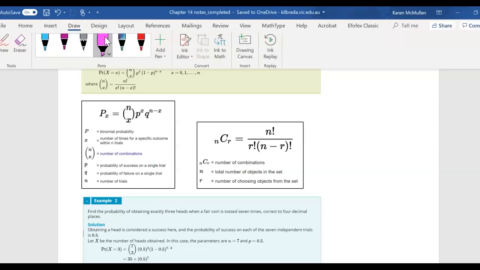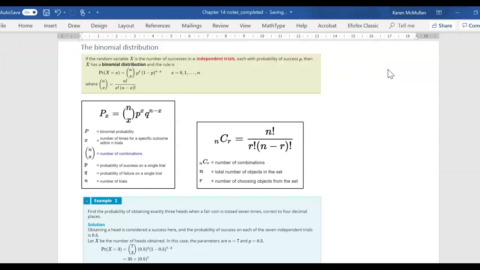Okay, as long as you can highlight n, x, and p, and if you can identify p, you can also identify q. These 4 numbers might not be explicitly given to you in a question, and when we look at some examples, you'll see what I mean by that.